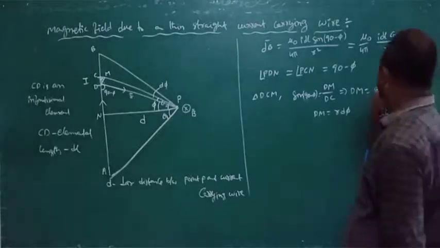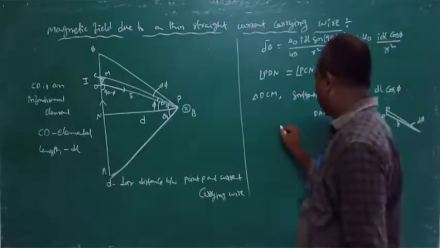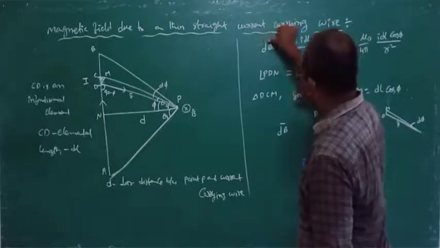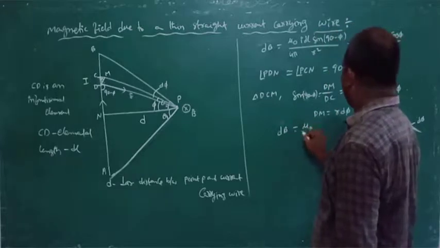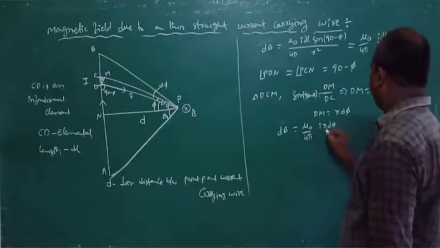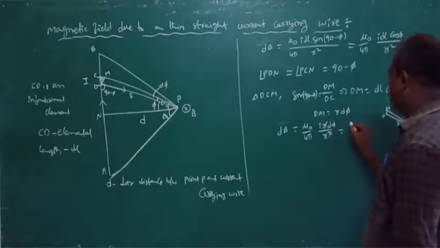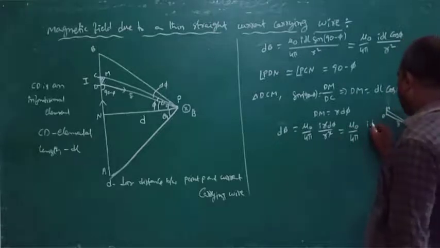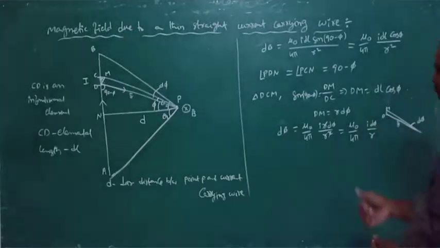Therefore we can write dl cos φ, which is DM, equals r dφ. Therefore the magnetic field induction dB equals μ0 by 4π into I r dφ by r squared. The r cancels, giving μ0 by 4π into I dφ by r.